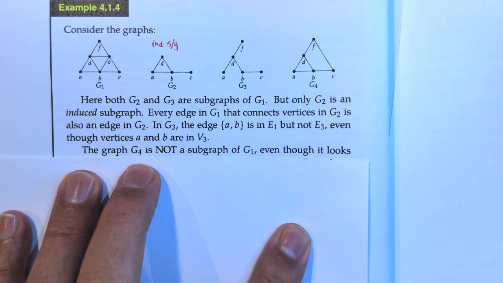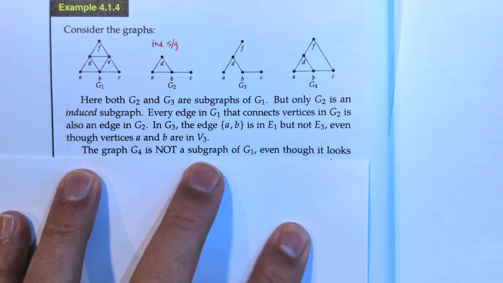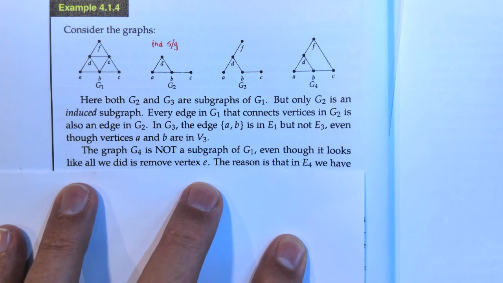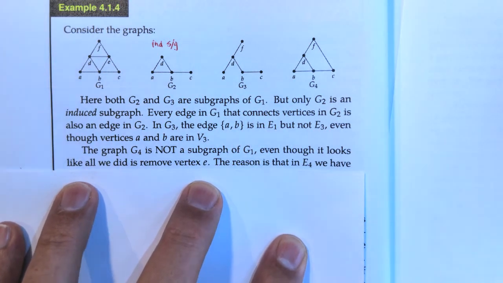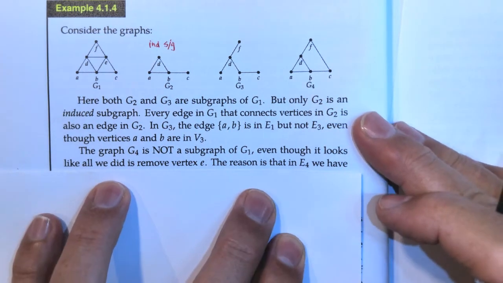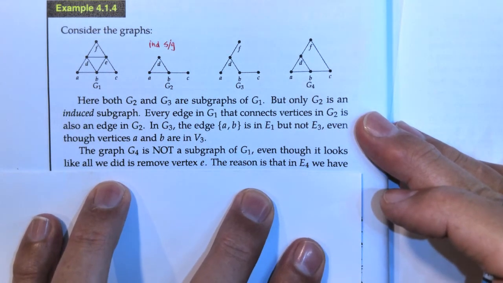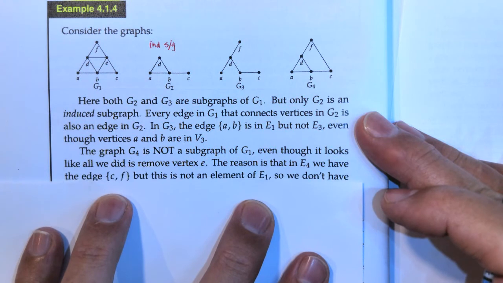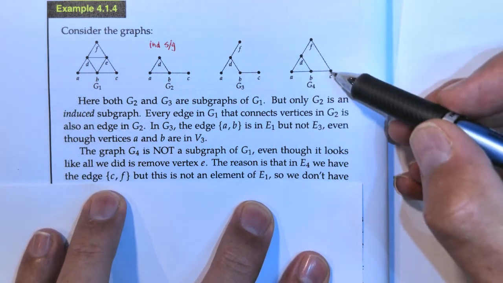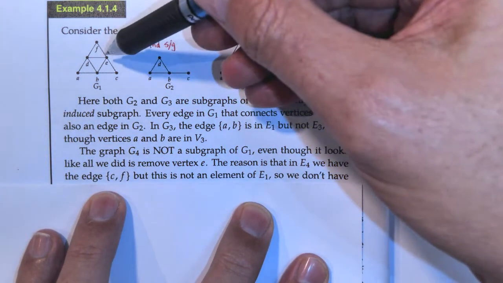That means that the graph G4 is not a subgraph of G1, even though it looks like it was, but we removed the vertex E. The reason is that the edge CF in E4 does not exist in E1.